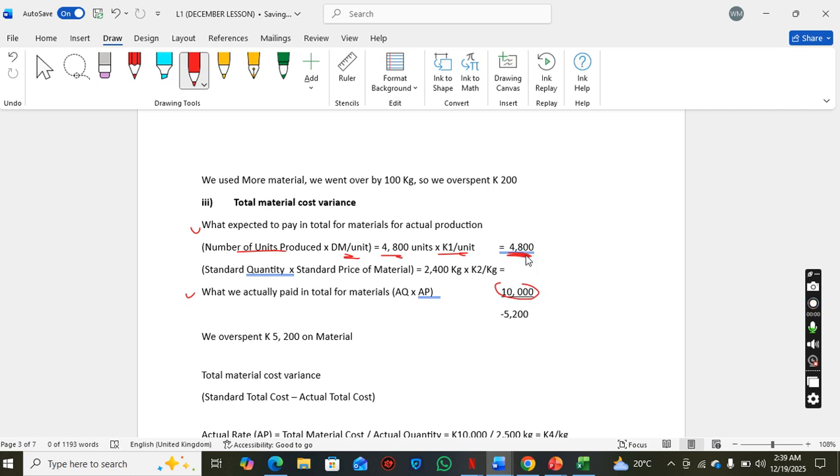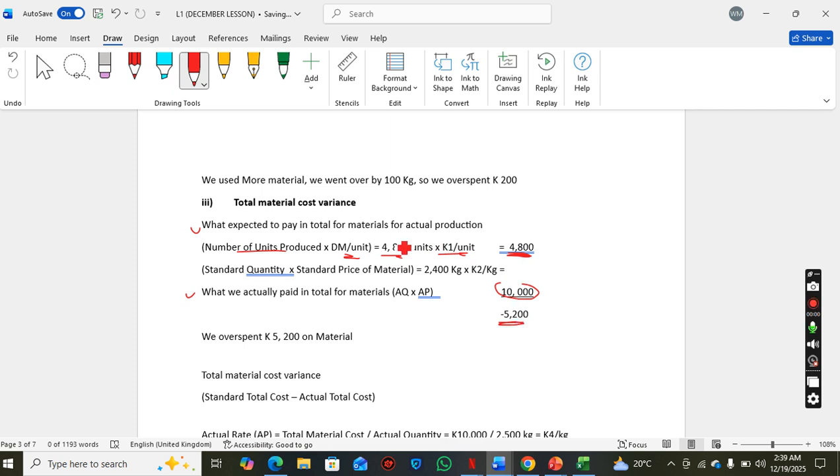That's what we expected to pay, but in actuality, we paid 10,000. So 4,800 minus 10,000, you get negative 5,200. So we overspent by 5,200 in total for our direct materials.